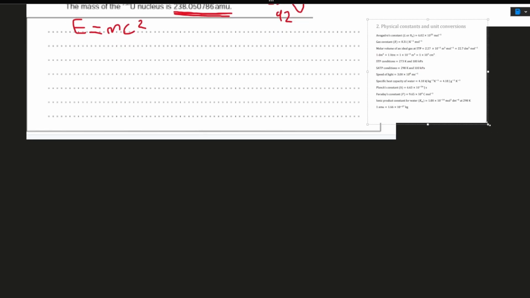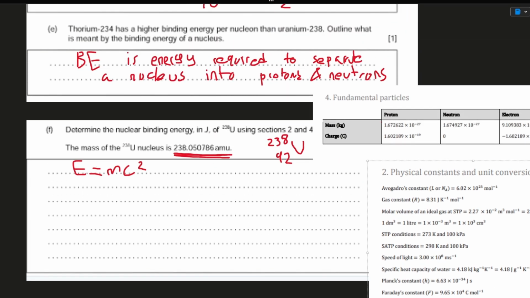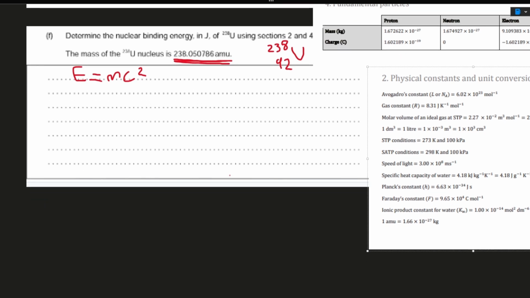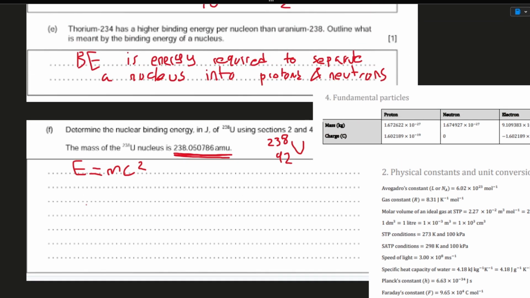Using section 2 and 4 of the data booklet, 1 AMU equals 1.66 times 10 to the power of negative 27 kilograms. So you can take 238.05 times 1.66 times 10 to the power of negative 27.